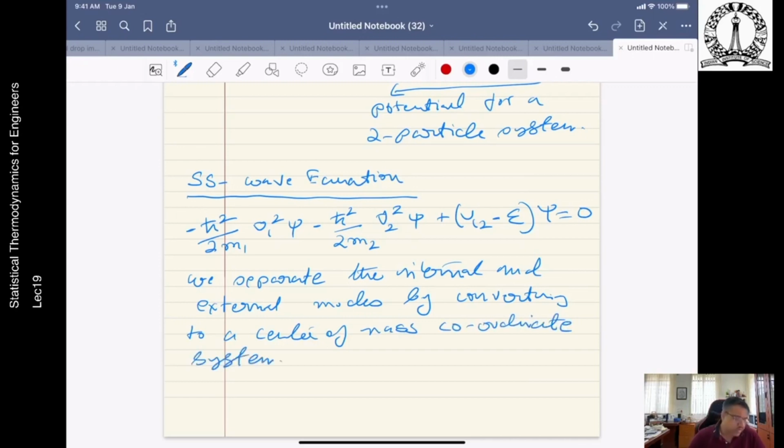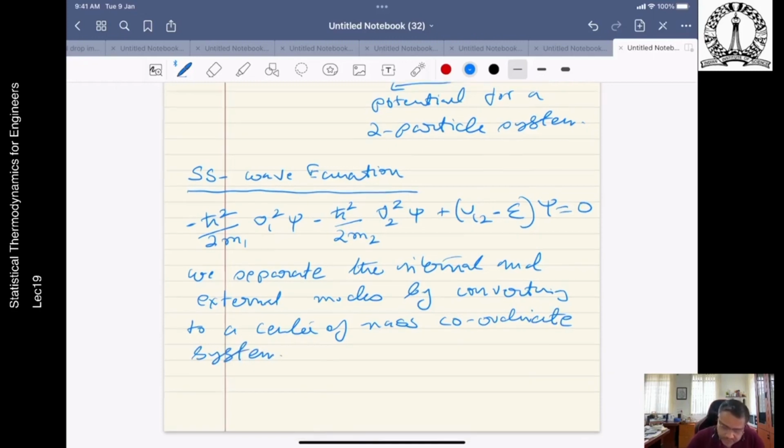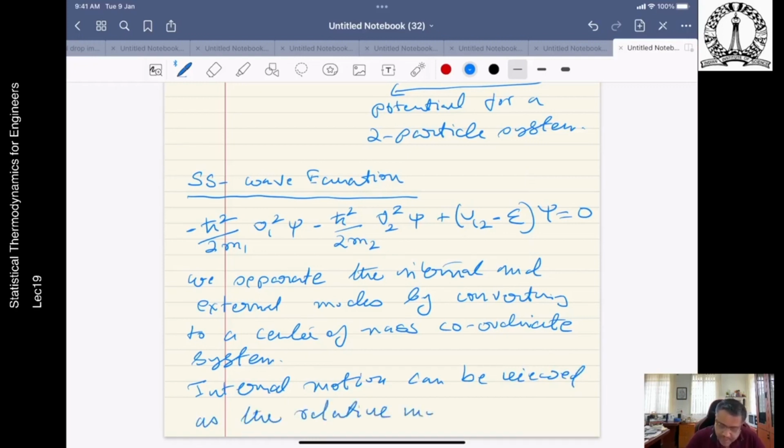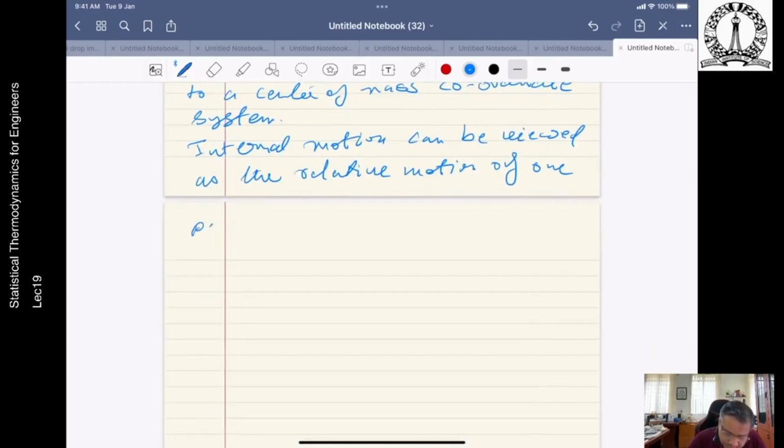Okay, so the internal motion, therefore, once you do this, can be viewed as a relative motion of one particle with respect to another particle.